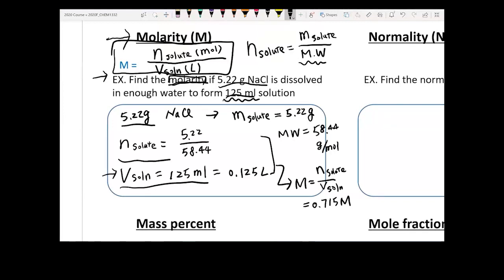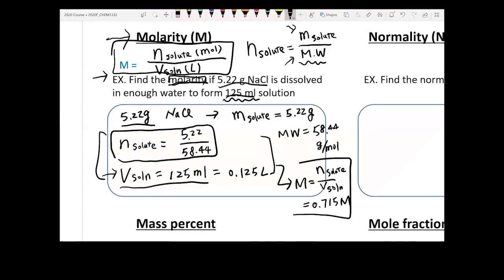Then you need to know how to calculate the number of moles of solute. For this, you need the mass of your solute and the molecular weight of your solute. Having these two pieces of information allows you to calculate the number of moles of your solute, and with that you can calculate your molarity. So it's actually very straightforward.